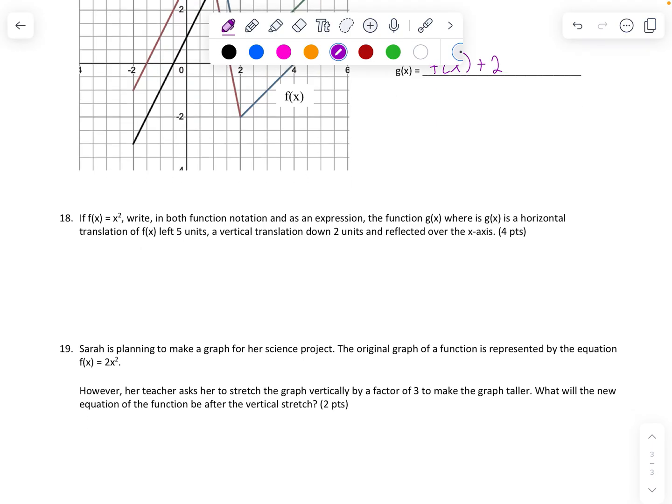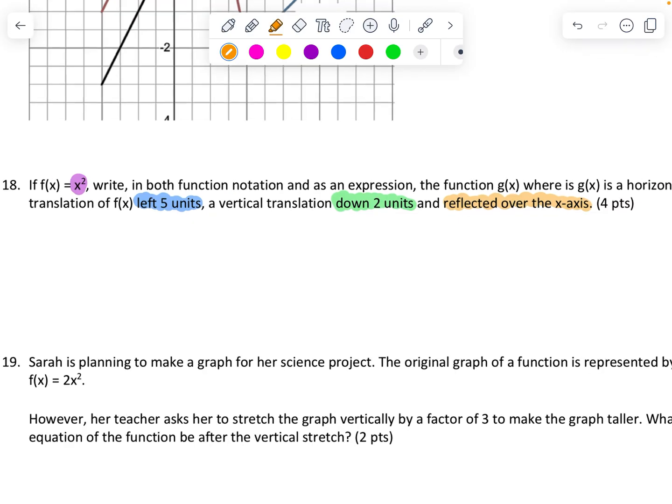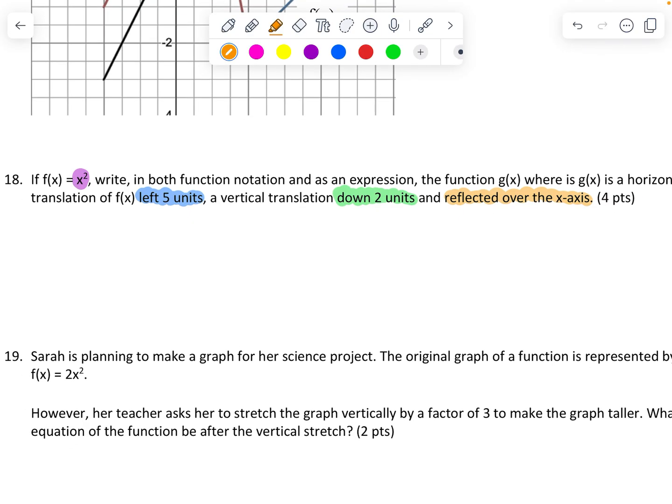On 18, let's pick out the important information here. We're taking x squared, and we're going to go left 5, and we're going to go down 2, and then it's reflected over the x-axis. So starting with x squared, we have to do these transformations.